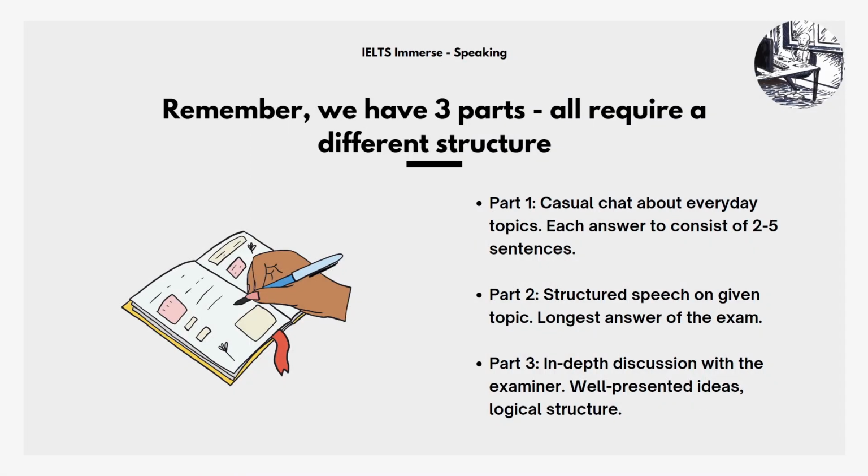Just a quick reminder that we have 3 parts in the IELTS speaking exam, and they all require a slightly different structure. The first part is a casual chat about everyday topics, and each answer will consist of maybe 2 to 5 sentences. Part 2, this is the cue card part, the long question.